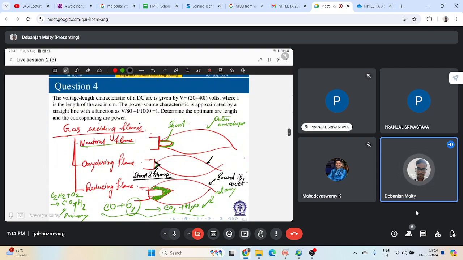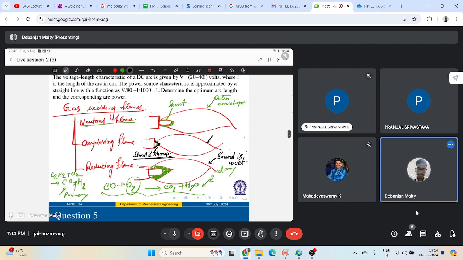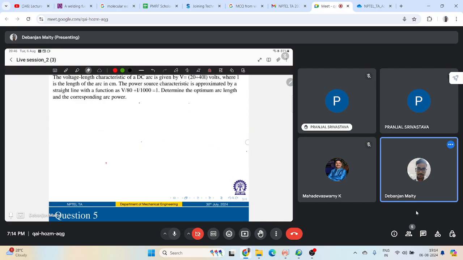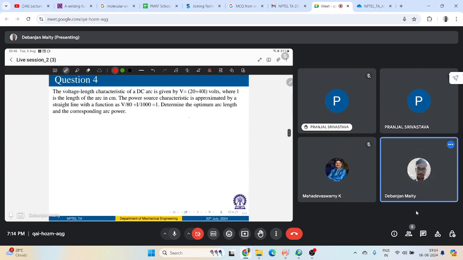Now to solve this numerical, I want to talk a little bit about your power source characteristic. How does a voltage-current power source characteristic look like? So let me again rub this out. It is experimentally found, for a given spacing, so I was talking about cathode spacing, anode spacing, right?